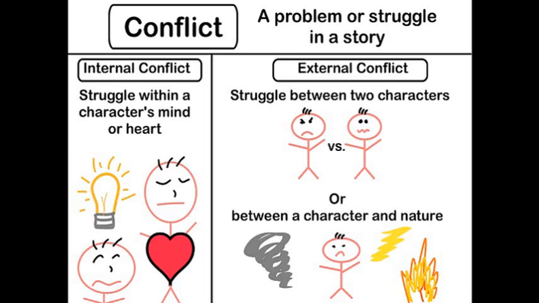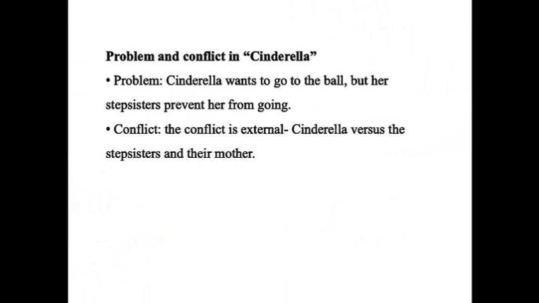Now let us look at the problem and conflict in the Cinderella story. The problem in the Cinderella story is that Cinderella wants to go to the ball, but unluckily her stepsisters prevent her from going there because they want to compete with Cinderella.